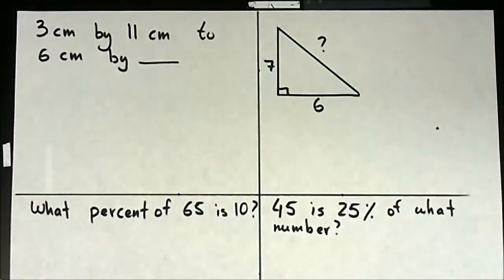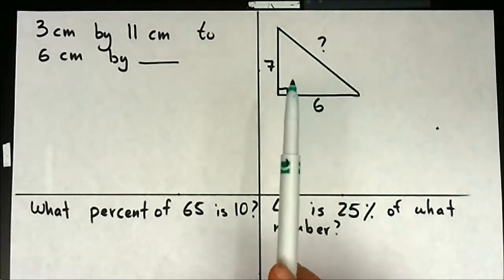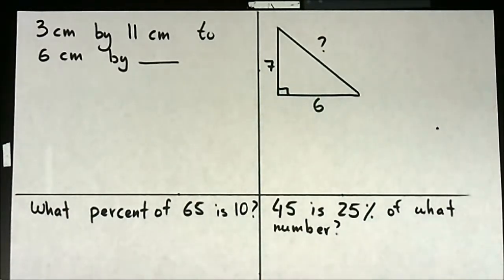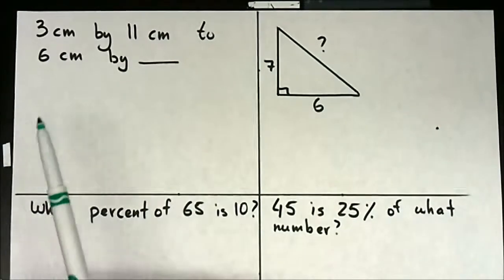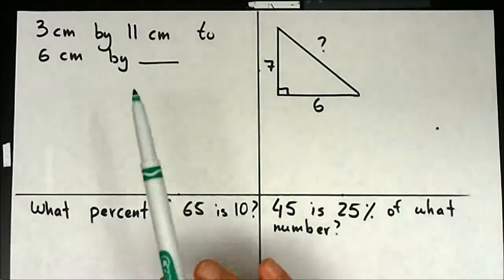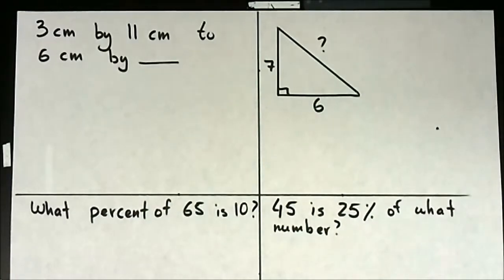Alrighty then, next problem. 3 centimeters by 11 centimeters. I think we are enlarging the picture here. We're going from that size to 6 centimeters by something. What is that second by something? How will we find that out? Well, you can set them as ratios.